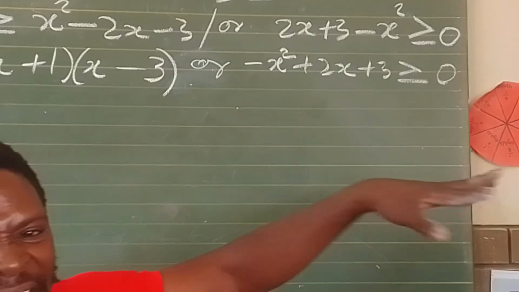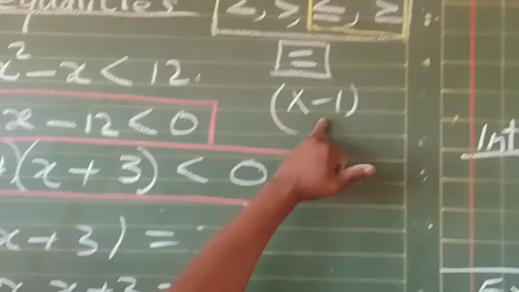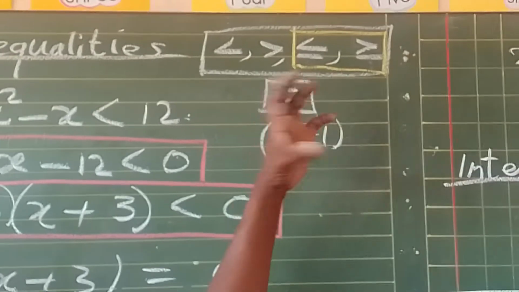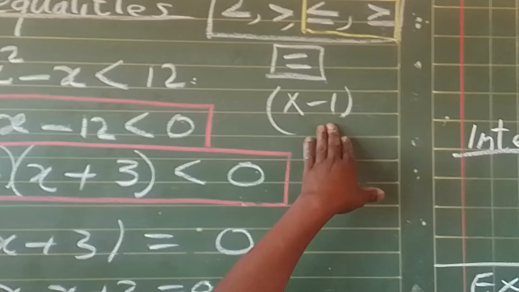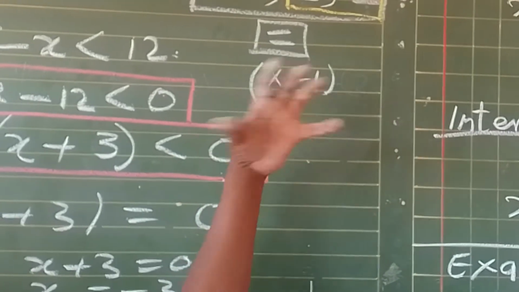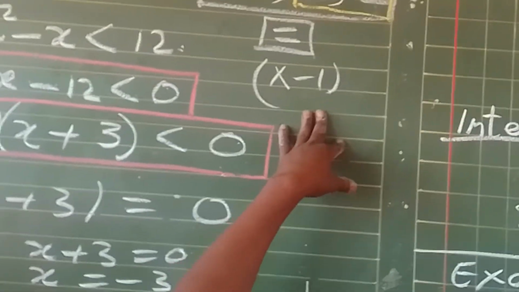You start multiplying by negative 1. You come back to this instead. You remember when I told you that everything changes when you multiply the inequalities by -1. If it was greater than, it becomes less than. If it was less than, it becomes greater than. This is what you are going to apply here.